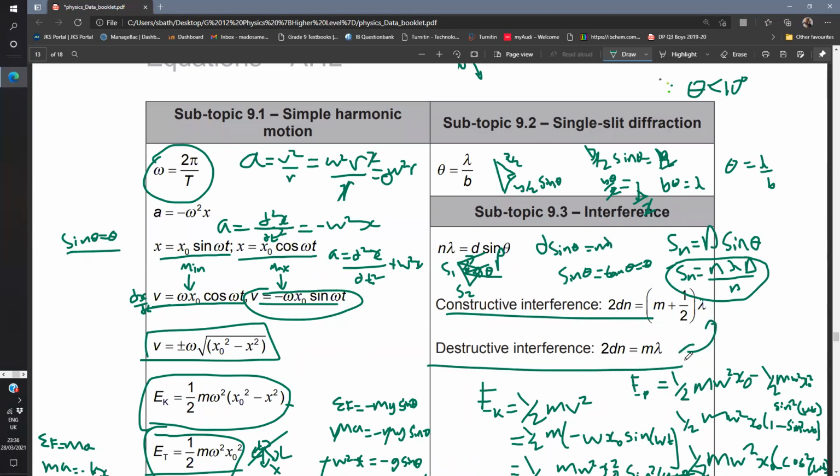However, these two can basically switch if we are looking at the observer side. These two will definitely switch, and if we're looking at the opposite side, it's going to be these equations as they are. Wait, never mind. So basically, constructive interference. So this is basically from the observer side. So these two are from the observer side.